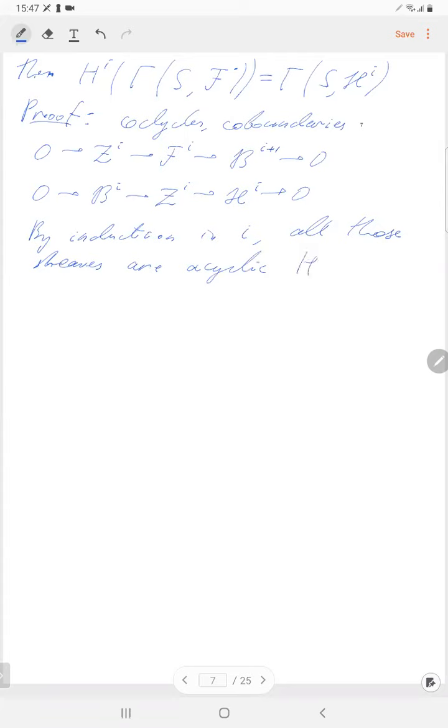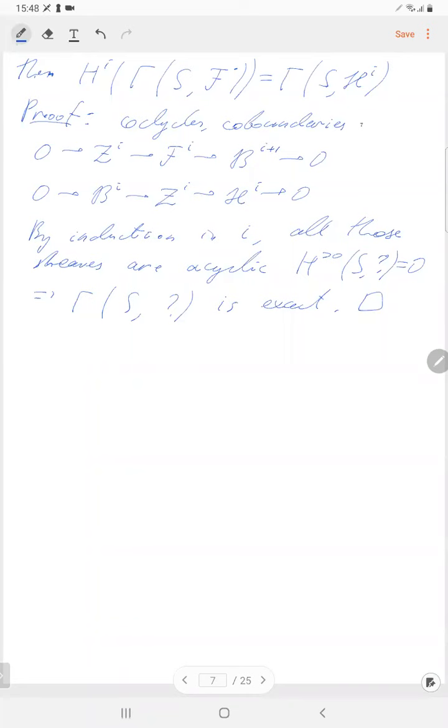Once again, the higher cohomology are 0. And then the global sections applied to all those sequences give exact sequences. Okay, so those local coboundaries and cocycles go to global coboundaries and cocycles.